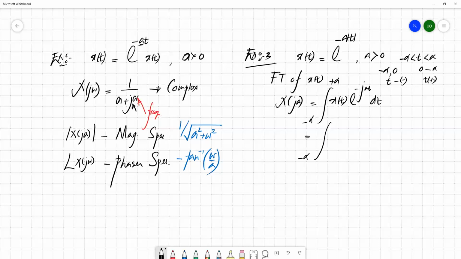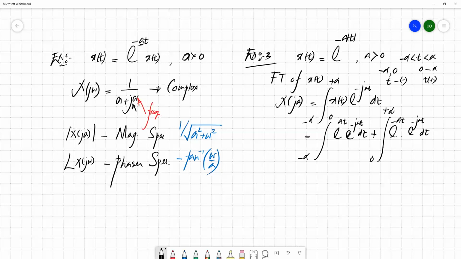From minus infinity to 0, x(t) becomes e to the power at, because t is negative, times e to the power minus j omega t dt, plus from 0 to plus infinity, where t is positive, your function is e to the power minus at times e to the power minus j omega t dt.